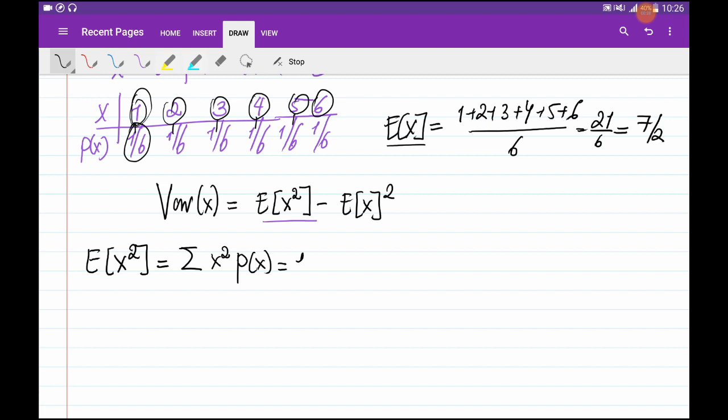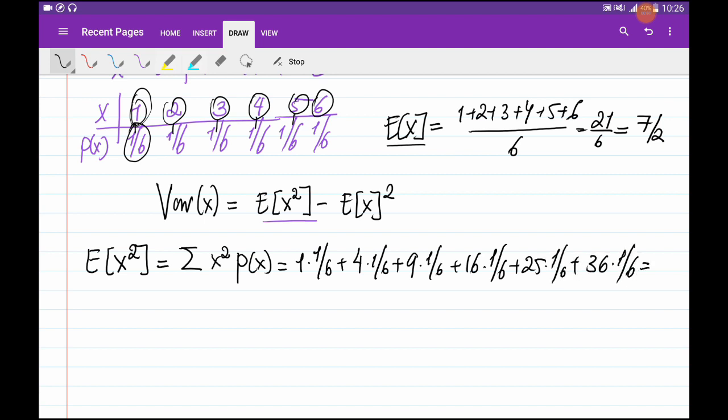So this will be 1 multiplied by 1 over 6 plus 4 multiplied by 1 over 6 plus 9 multiplied by 1 over 6 plus 16 times 1 over 6 plus 25, and 36 multiplied by 1 over 6. If we sum everything, we'll get 91 over 6.